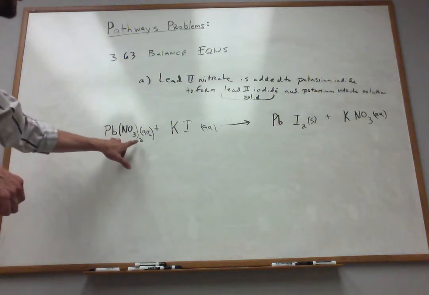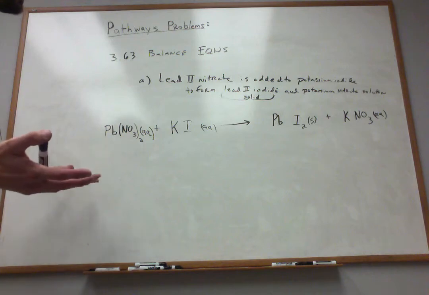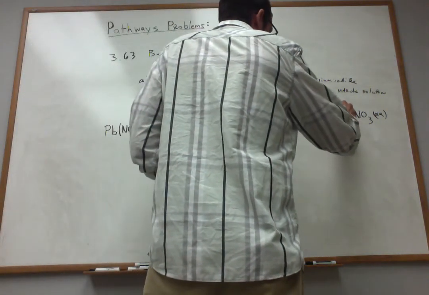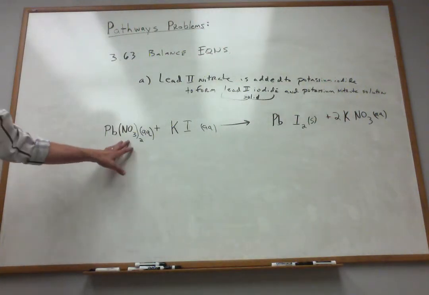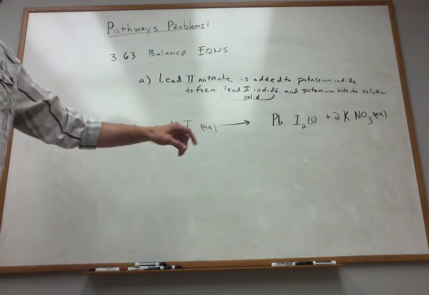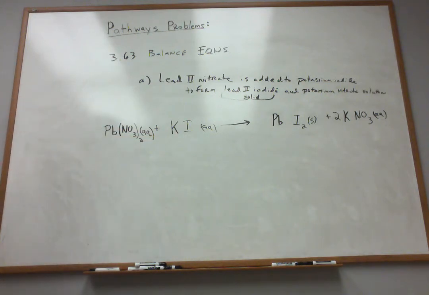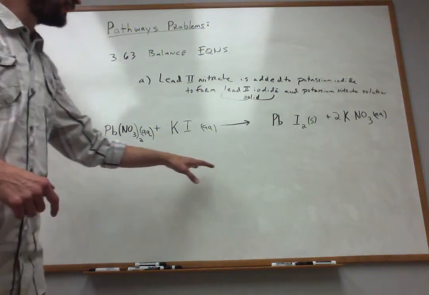And consequently, I see I've got 2 over here and only 1 over there. That's not going to work, is it, right? So what I probably need to do is put a 2 right there. And if I do so, now I've got 2 on the left. I've got 2 nitrates on the right, and 3 that clump. And I brought nitrate into mass balance, okay? So that's a step in the right direction, perhaps, okay? Now, what about other elements? Well, lead, I've got 1 here, got 1 here.